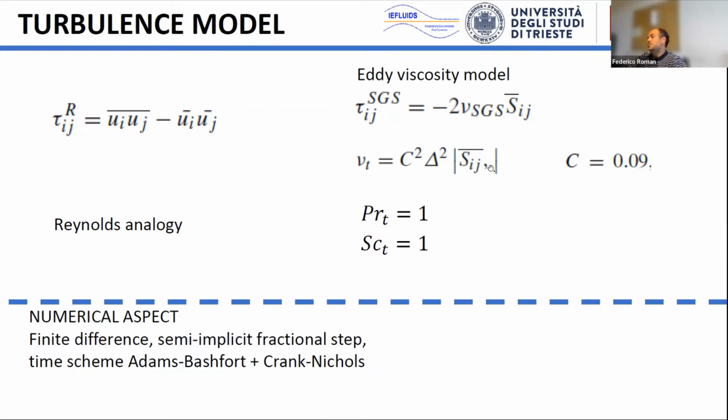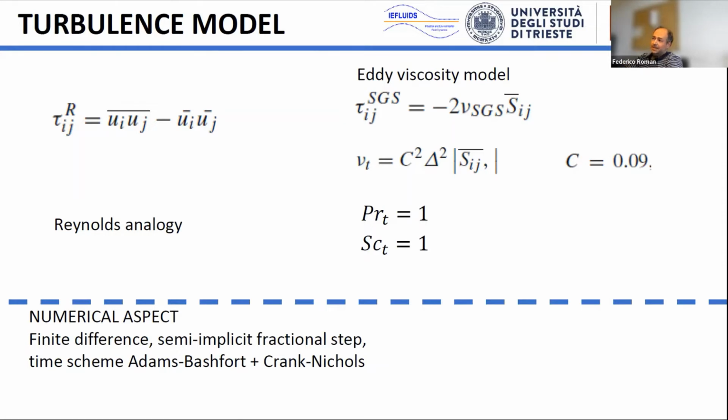And we are using a classical Smagorinsky model, so with a fixed coefficient that is set equal to 0.09. Why are we using a classical Smagorinsky model and not a more sophisticated one?